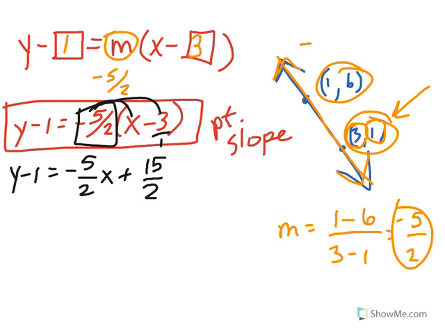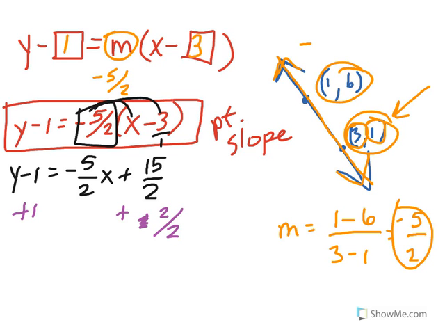Now, the last step would be to take this 1 over here and add 1 over the other side. I'll add it right here. However, some people don't like the way that looks because they have to take 15 halves plus 1. A lot of people will say that's 16 halves, but that would be incorrect. So I'm going to look at this and say instead of 1, I'm going to add 2 halves.